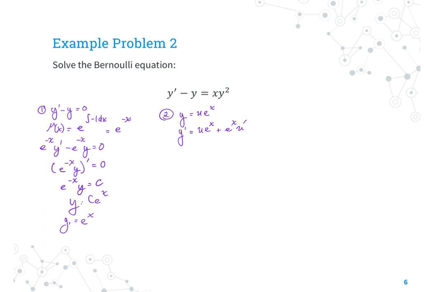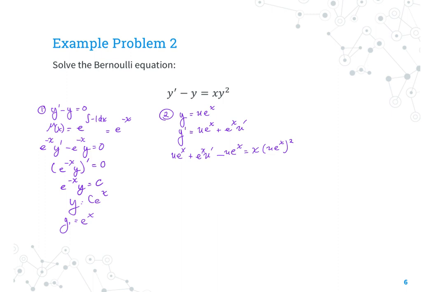And we're doing this in our given ODE as it was written, not in the homogeneous version. So y prime is u e to the x plus e to the x u prime minus y. Well, y is u e to the x, and it equals x times y squared. Well, y is u e to the x, so we'll square the whole thing.